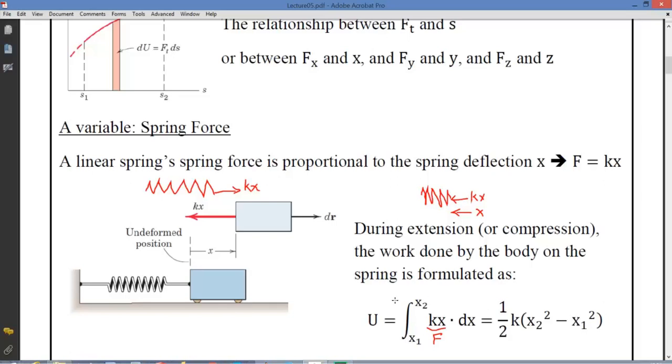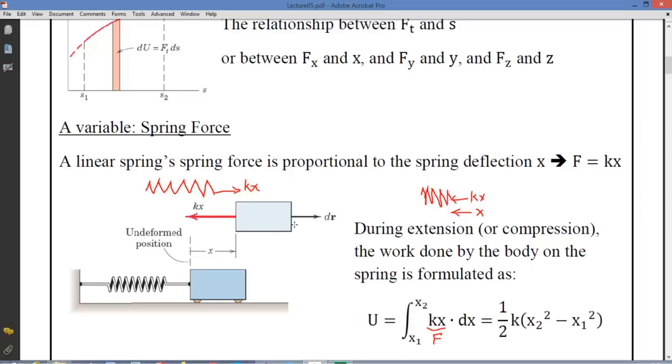And this is positive. This is the positive work done on the spring. As a result of that, the spring stores this energy because we are doing positive work on the spring. However, the work done by the spring on this body is negative. Why? The force applied by the spring on this body is kx, yes, but it's to the left.